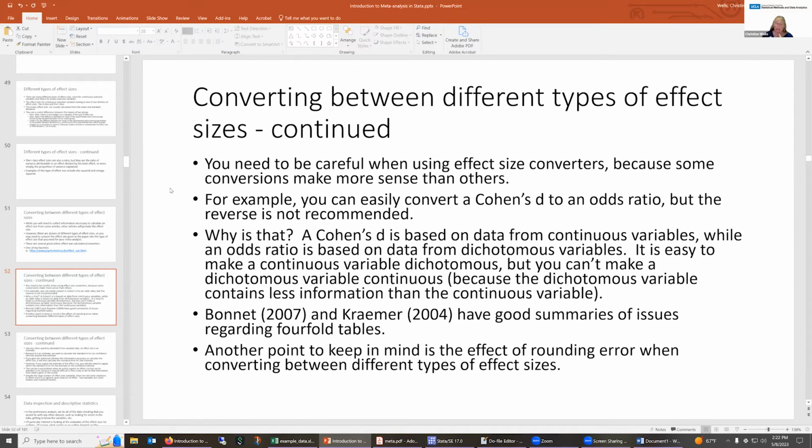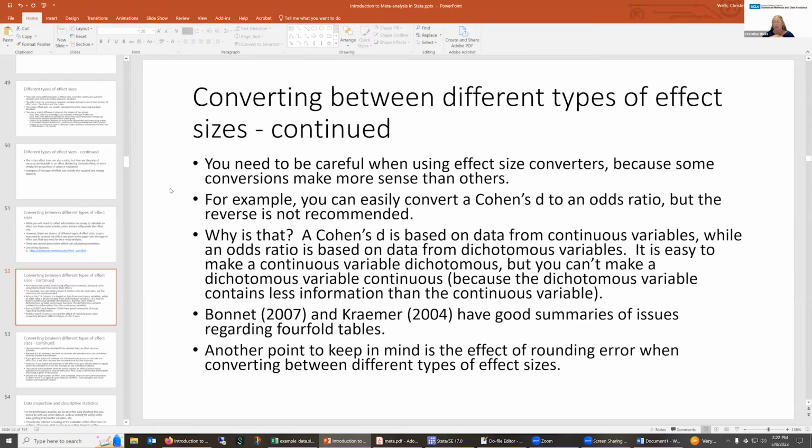But it's up to you as the analyst to bring your common sense to the table and ask, does this actually make sense in the real world? I've got a couple references here regarding fourfold tables. Those are with all the odds ratios and stuff like this. The other thing to keep in mind, it really becomes quite an issue here, is rounding error.